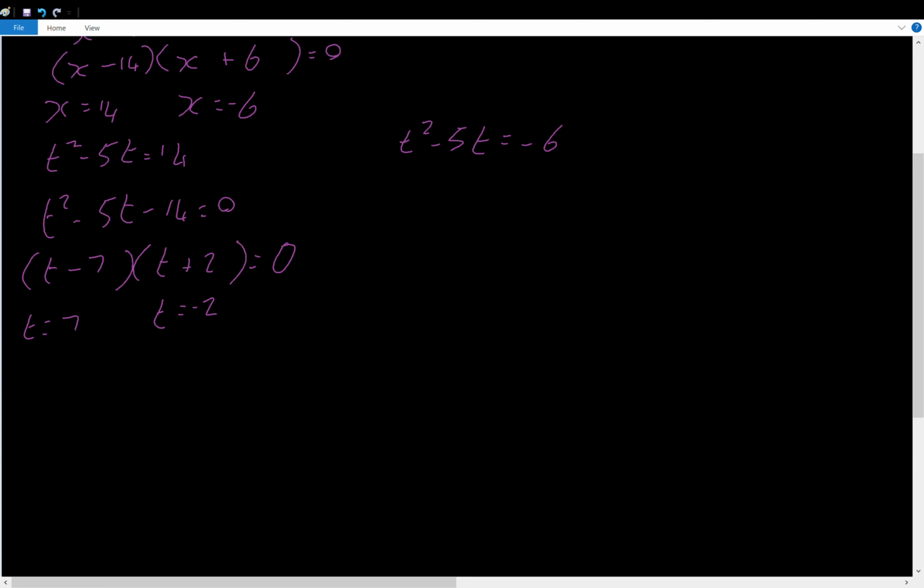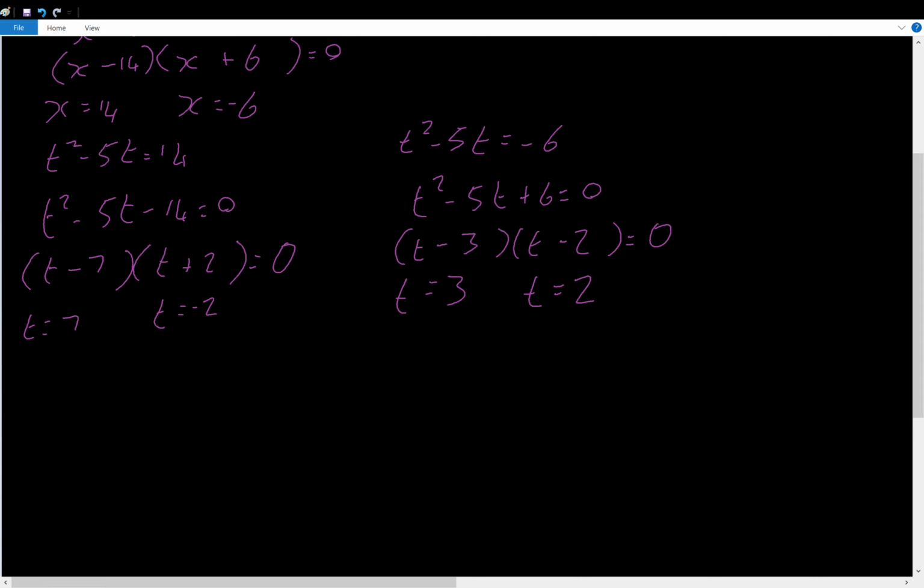And then for the other equation, we're going to bring our minus 6 over, and we get t squared minus 5t plus 6 equals 0. And if we factorize that out, we're going to get t minus 3 and t minus 2. So t equals 3 and t equals 2.